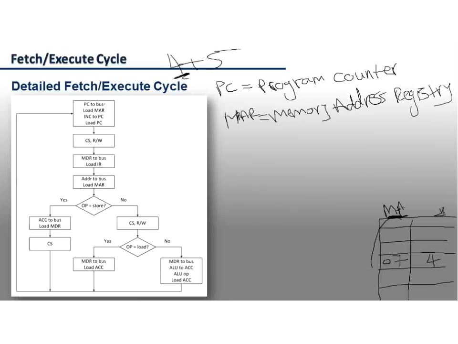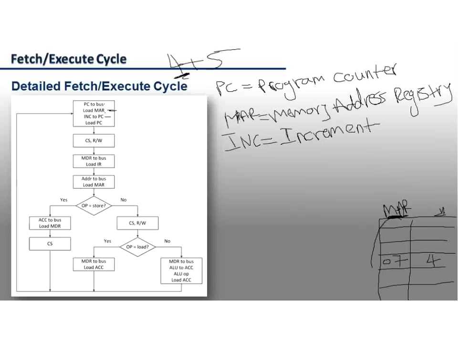Now the counter will ask, where is the address for the data? So the MAR will be loaded with the address, say, for example, 7. Now it will be incremented. Inc means increment. Increment means adding to the counter, so the counter now has some work to do.